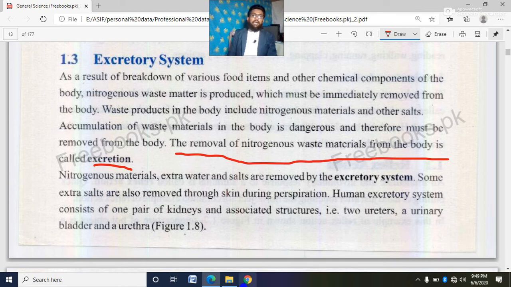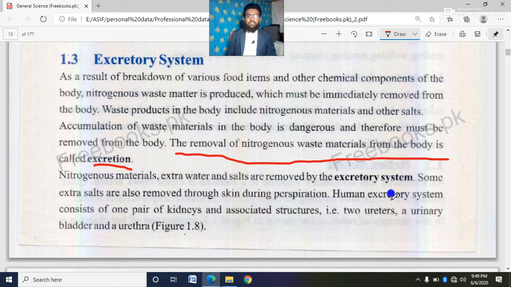The excretory system can be defined as a system which is used to excrete nitrogenous waste materials, extra water, and extra salt from our body.